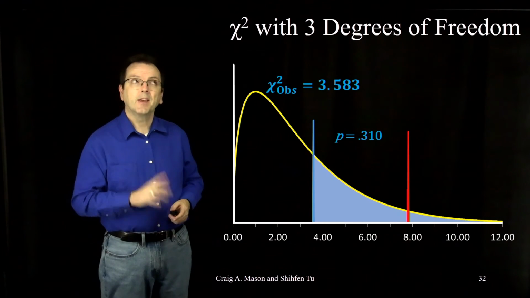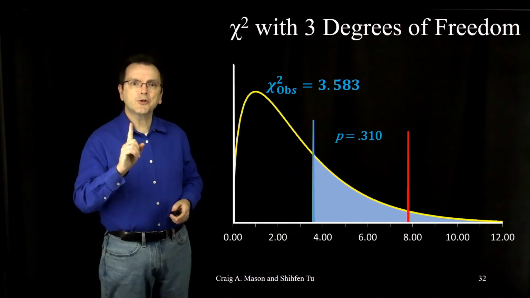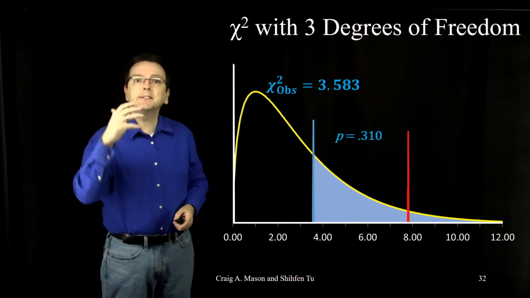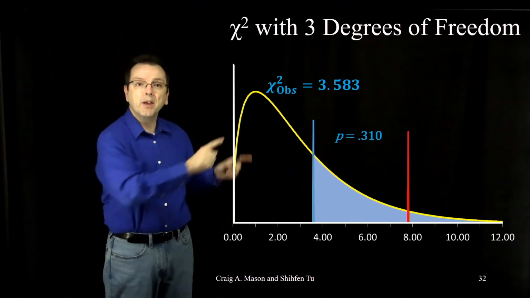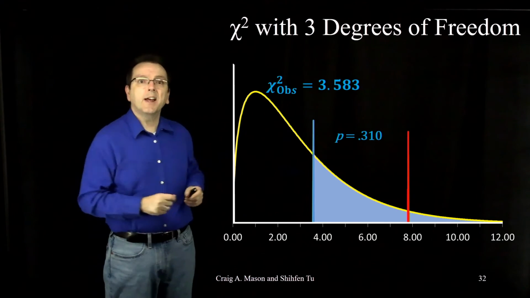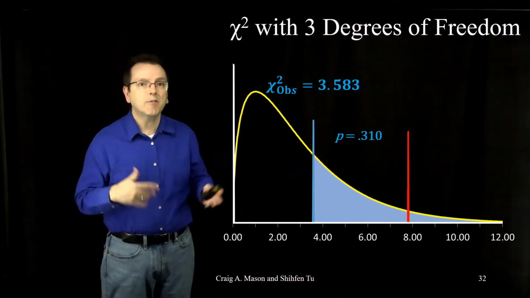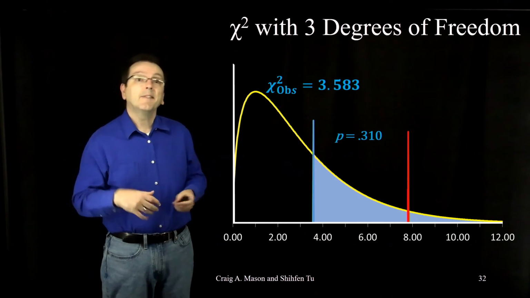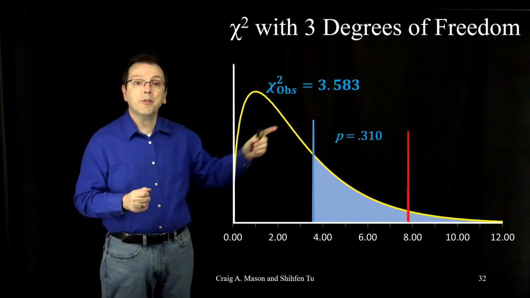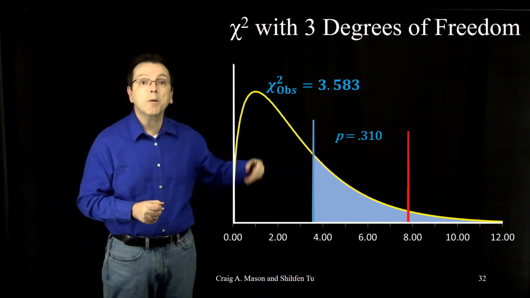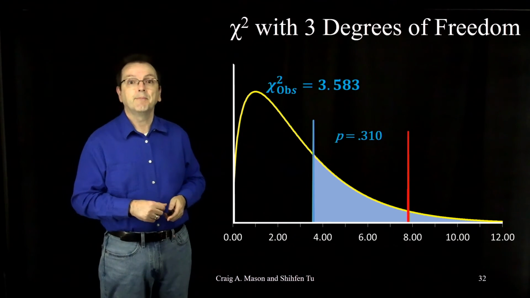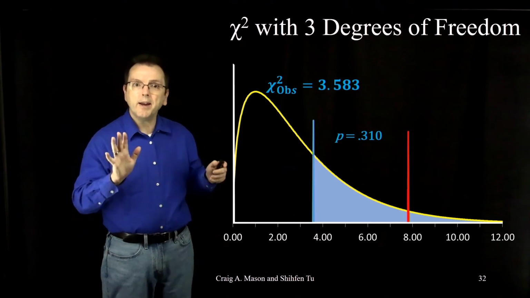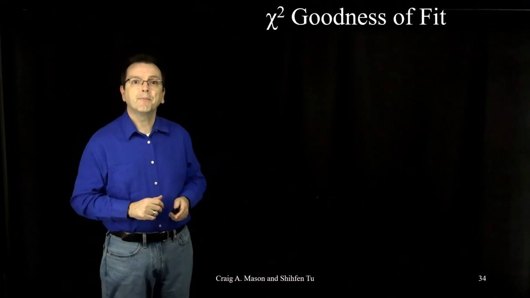Right? If the null is true and the values in the population are exactly what we expected, 31% of the time we would have nevertheless randomly ended up with a sample that gives us a chi-square of 3.583 or more. Right?